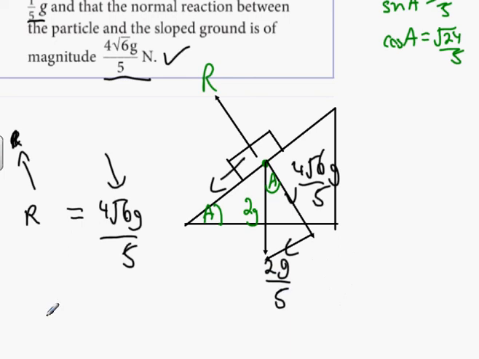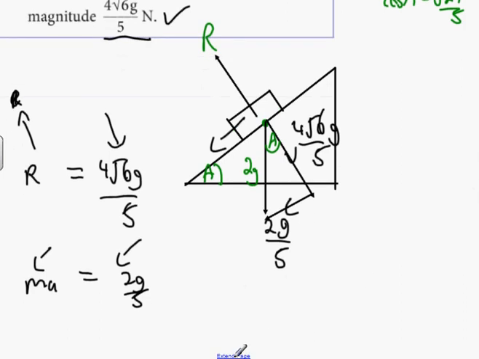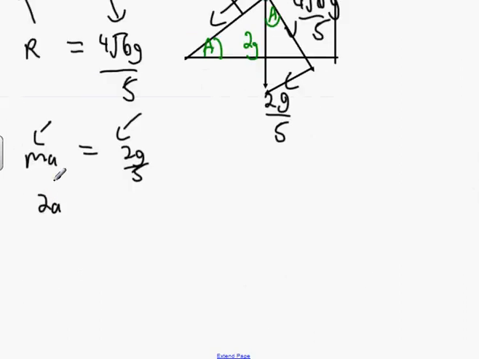Now remember, mass times acceleration, which is going down the slope, is equal to your force going down the slope, which is 2g over 5. The mass of our object is 2, so 2a going this direction equals 2g over 5. Divide by 2, a equals g over 5 m/s². Okay, that's you done.